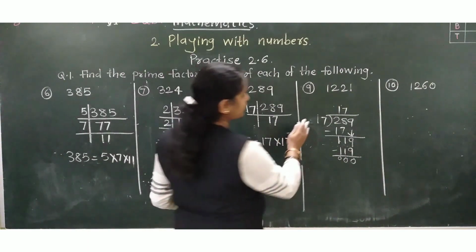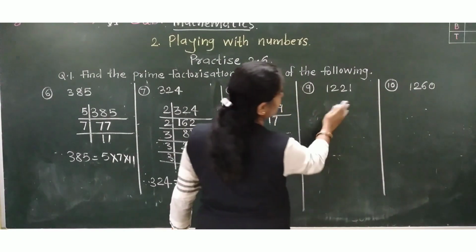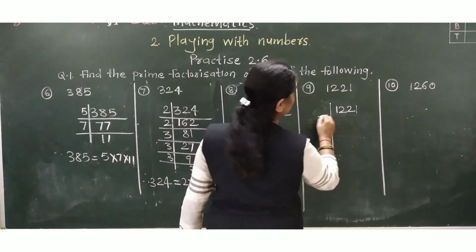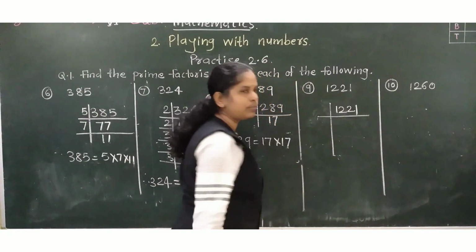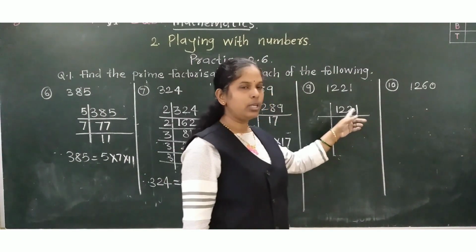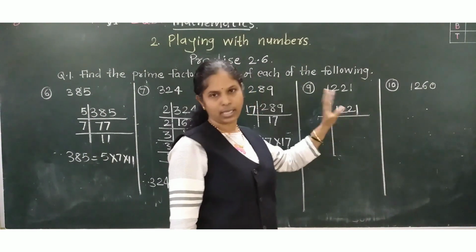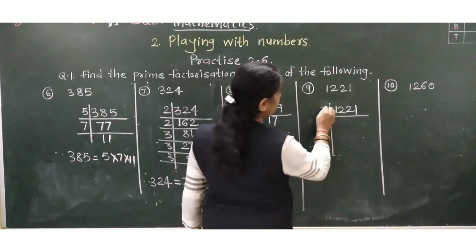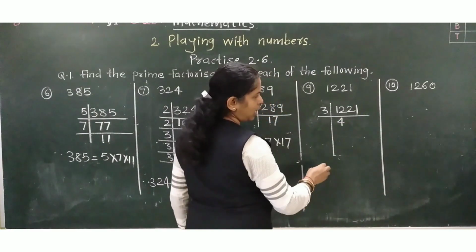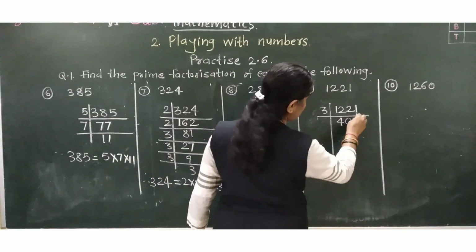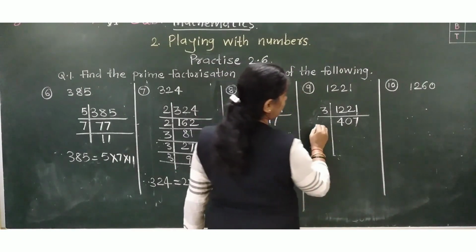Next. 1221. As 1 is there, we cannot divide it by 2. Then see, by 3, 1 plus 2, 3 plus 2, 5 plus 1, 6. Yes. So divide it. 3 4s are 12. And we cannot take directly, so 3 7s are 21.